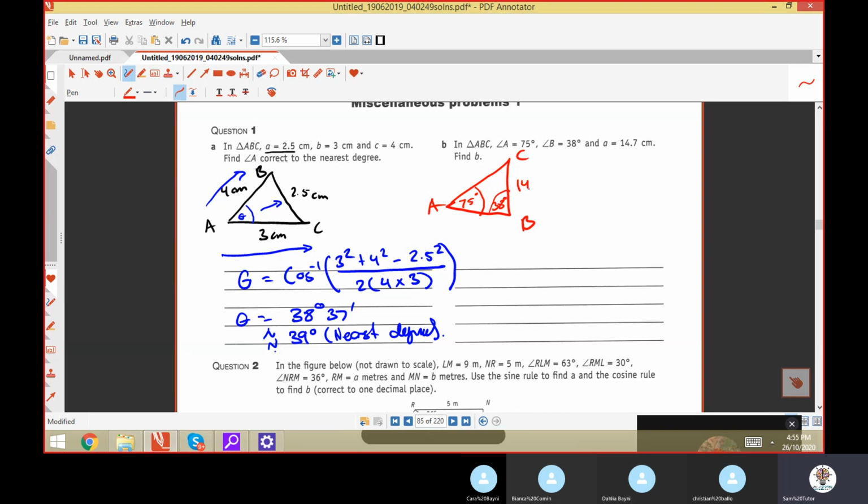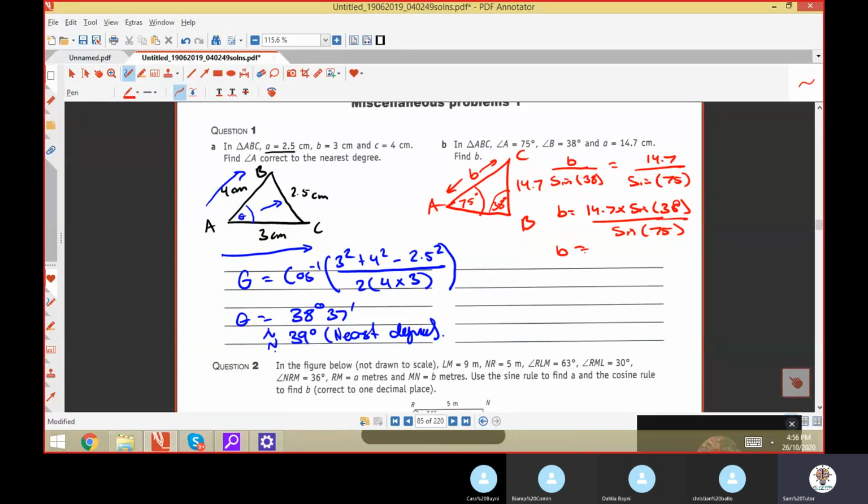Little a is 14.7, and find b, so b is like this. 14.7 sine 38 over sine 75.